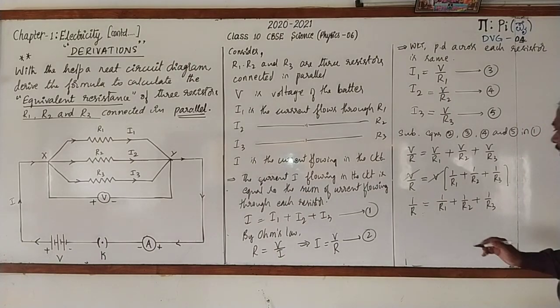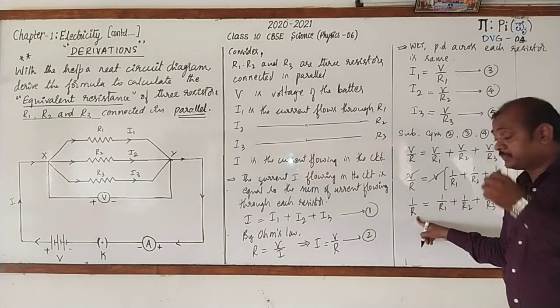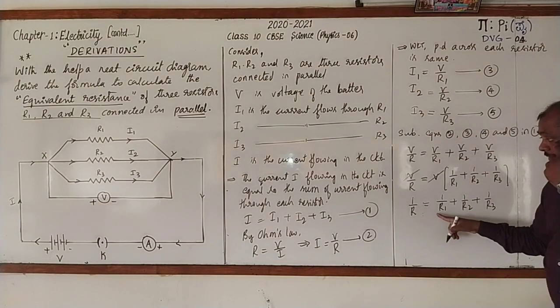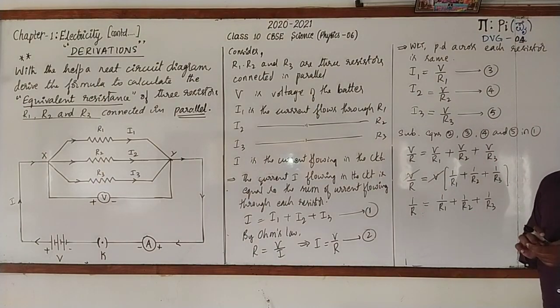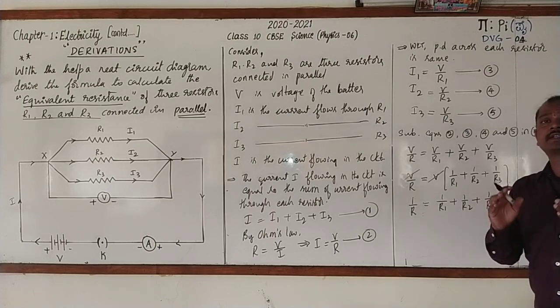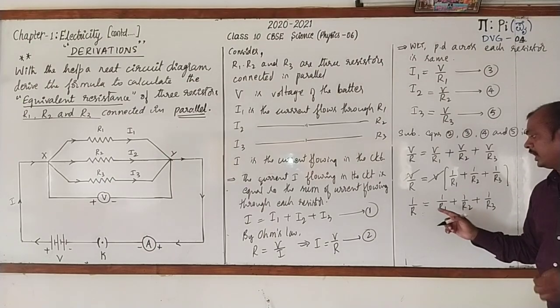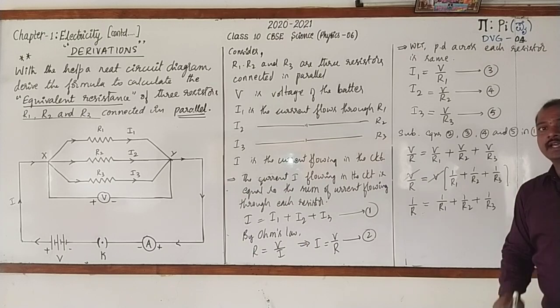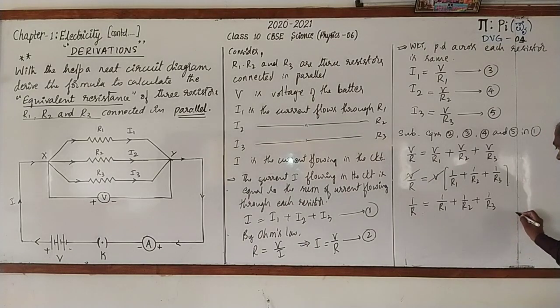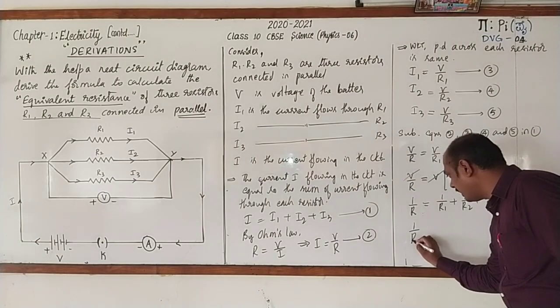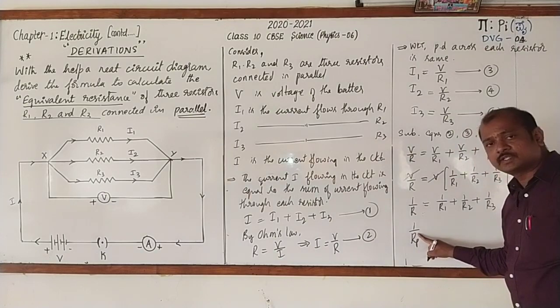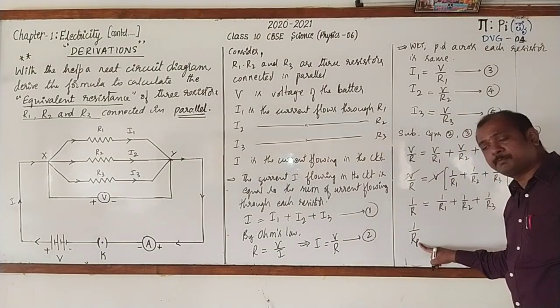Clear up? Now as it is, the formula is to find out the equivalent resistance for the resistors connected in parallel. I take that equivalent resistance as Rp. That is here I write R is equal to Rp. Now I write 1 by Rp, equivalent resistance of resistors connected in parallel.